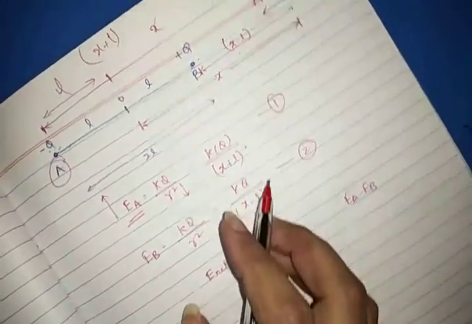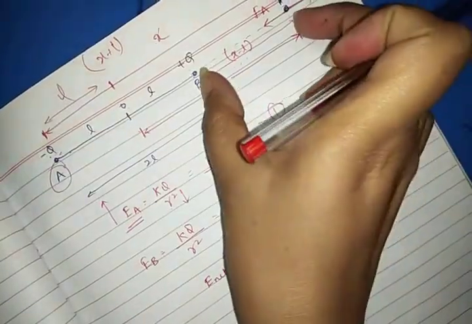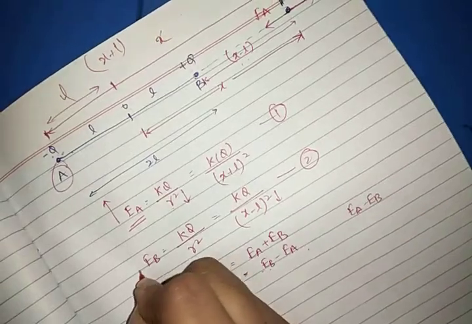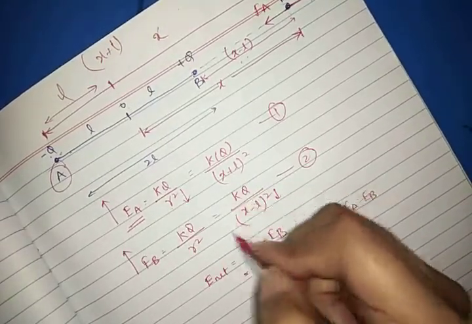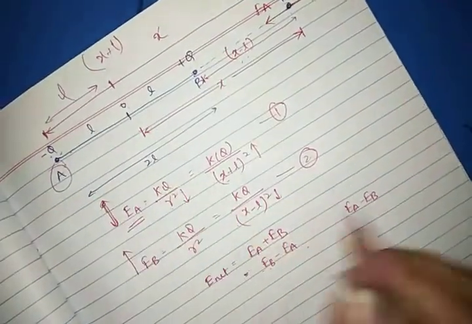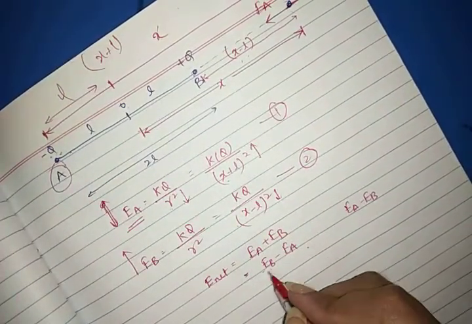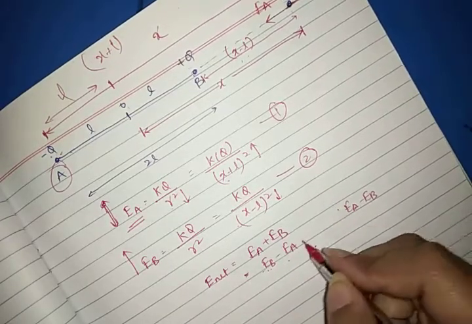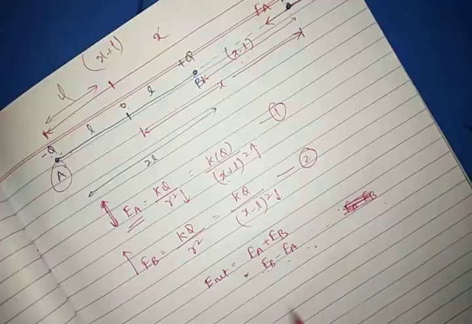This distance x minus L is smaller, that's why EB is greater, and as compared to this, x plus L is greater, so EA will be smaller. So we will always try to subtract the smaller value from the larger value. That's why I am doing EB minus EA, right?